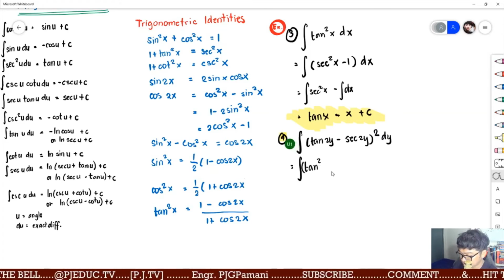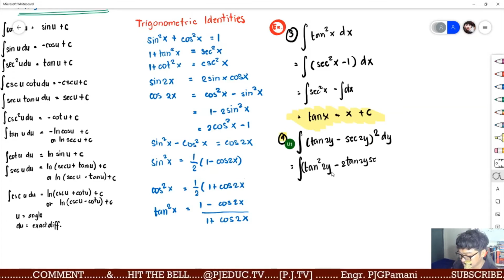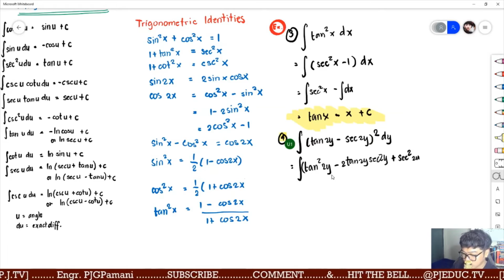So tangent 2y raised to 2 is simply tangent squared 2y minus 2 tangent 2y times secant 2y plus secant squared 2y, then dy.